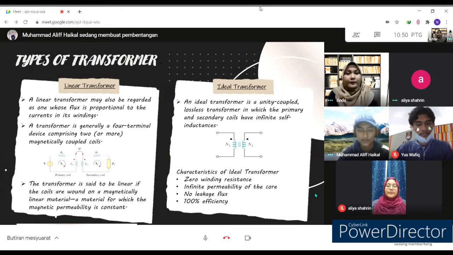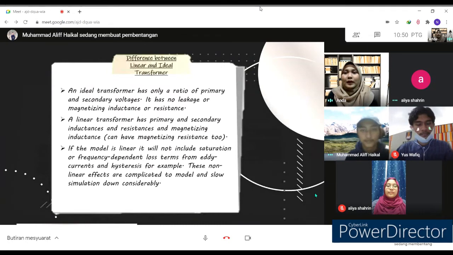The next slide. Okay, the difference between linear and ideal transformers: the first one is that an ideal transformer has only a ratio of primary and secondary voltage. It has no leakage or magnetizing inductance or resistance.